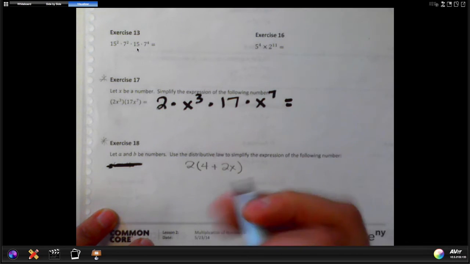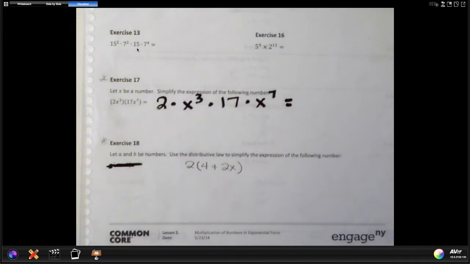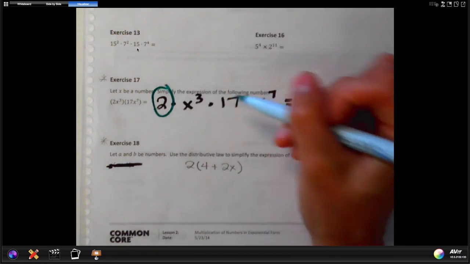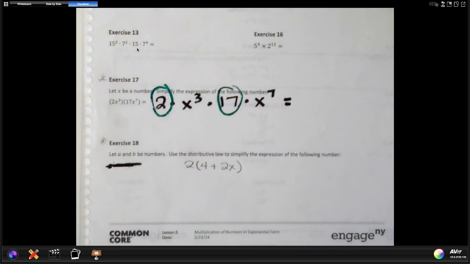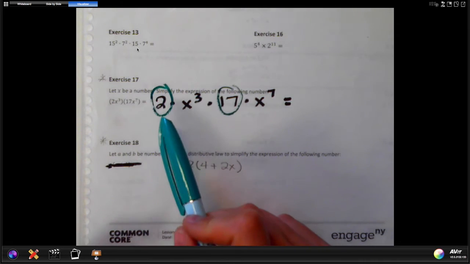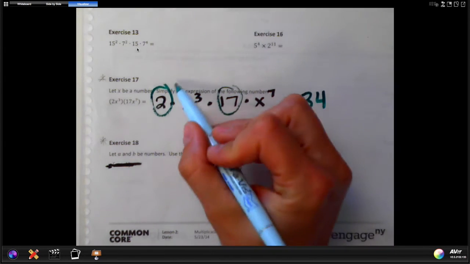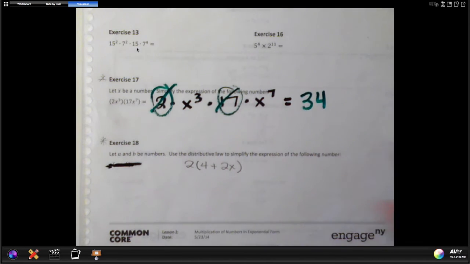So the difference here is that I have 2 numerical bases that are not the same. I have a 2 base and I have a 17 base. If that happens and they're not the same, you multiply them together. Okay, so 2 times 17 is 34. And so that's what we're going to start our answer with.